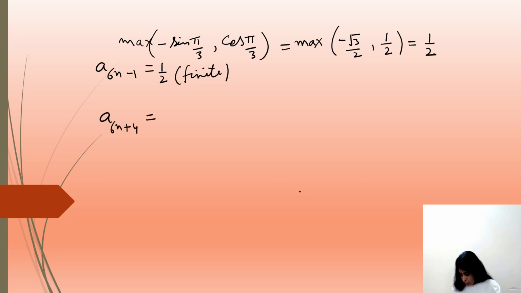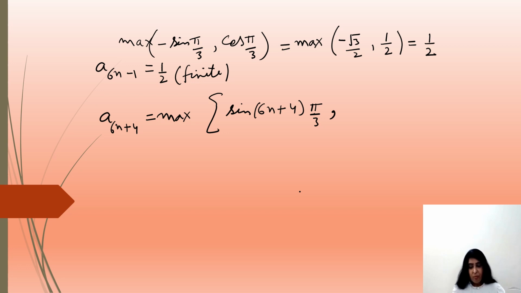So this is equal to the maximum of sine 6n plus 4 pi by 3 and cos 6n plus 4 pi by 3.